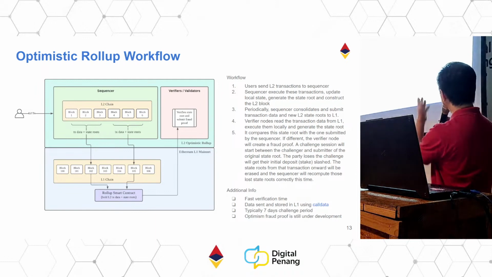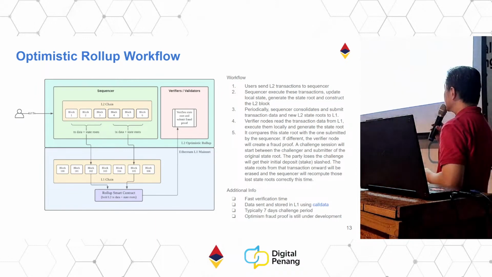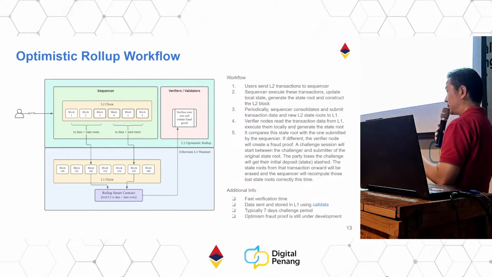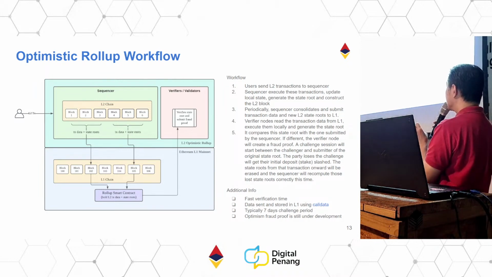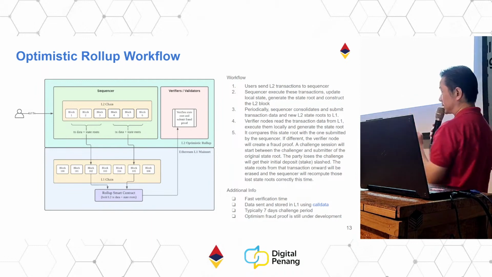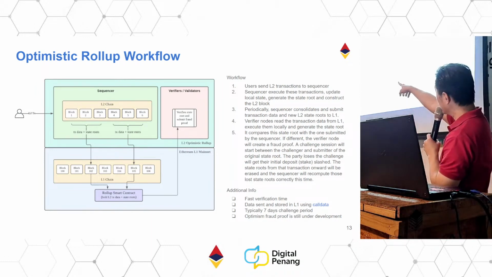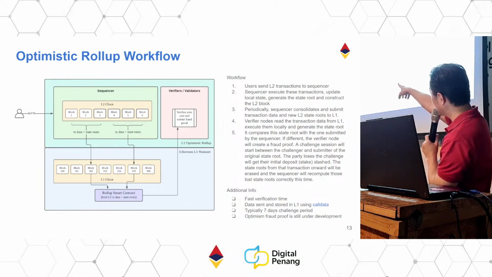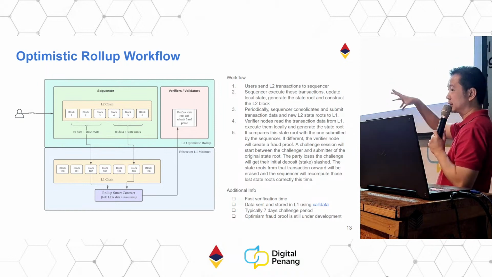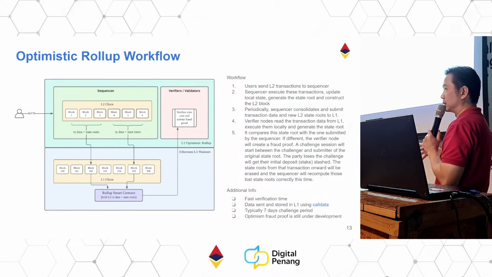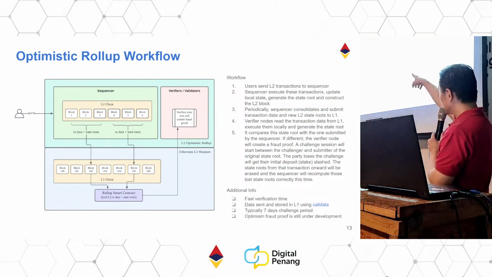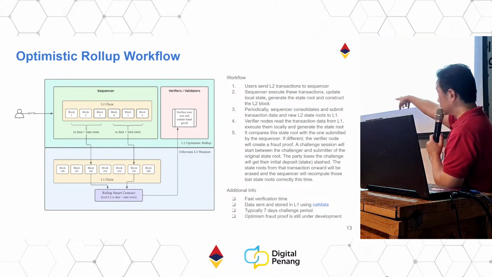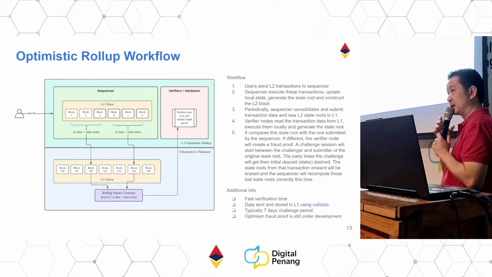And every now and then, the sequencer will batch up the transactions and send them over to the blockchain. At one point, the sequencer can batch up a couple of thousand, let's say 100 to thousands of transactions, into a single transaction that gets sent into layer one, right?